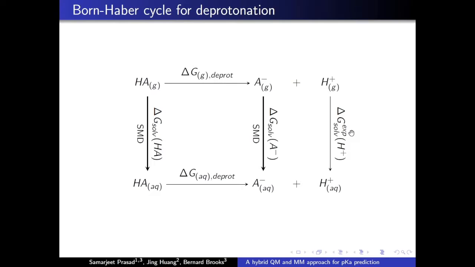We try to see if we can do better by moving from the implicit solvent model that we use in quantum calculations to an explicit modeling of the water for this reaction.